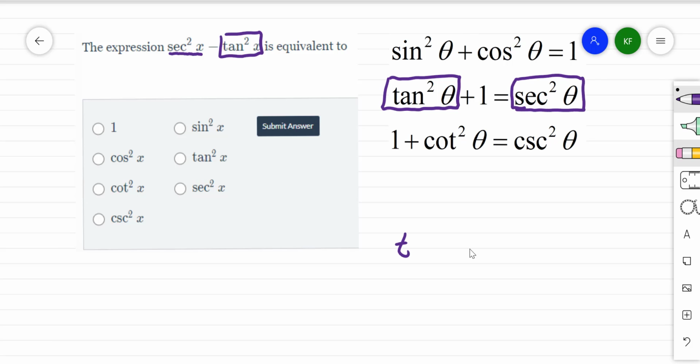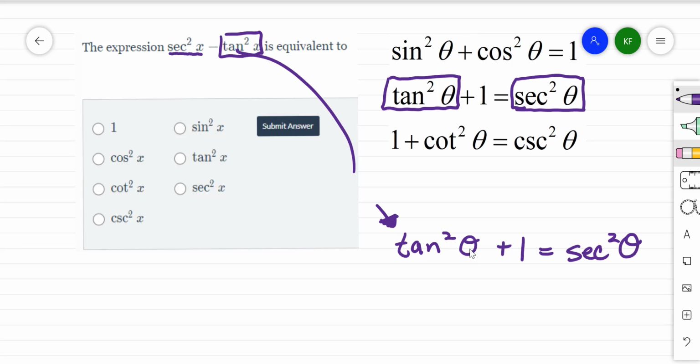So I'm going to rewrite it down here. Tangent squared theta. Remember where they came from, okay? Just remember that they're not random. Now I'm going to change this equation to look like this expression, and then I can do a direct substitution. If I want secant to be positive, I'm going to move tangent to the other side.